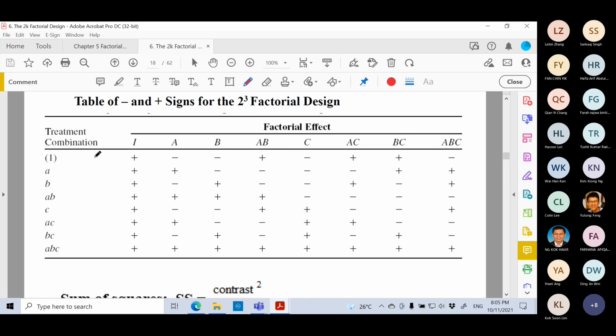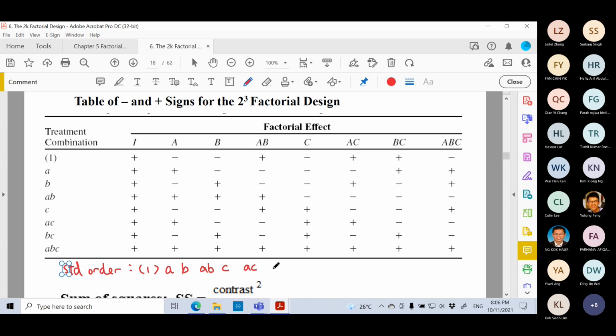So if you have 3 factors, how do we put them in the standard order? The standard order will start from 1, and then we list out A, B. Then after that, we take the product of A times B, and you get AB. After you complete this, you have a new factor C. From the C here, you will have C times A, AC.